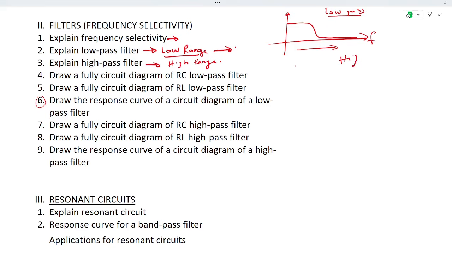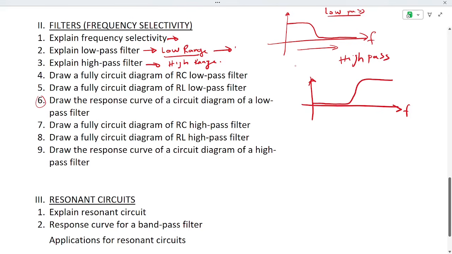A high pass, you explain it as the name says: it blocks all the lowest frequencies, and the moment it starts reaching the high frequencies, it starts letting them pass.